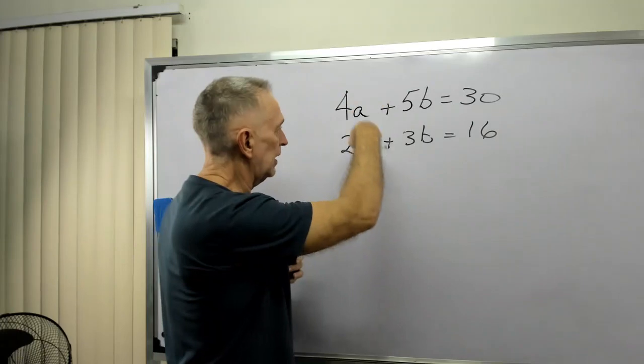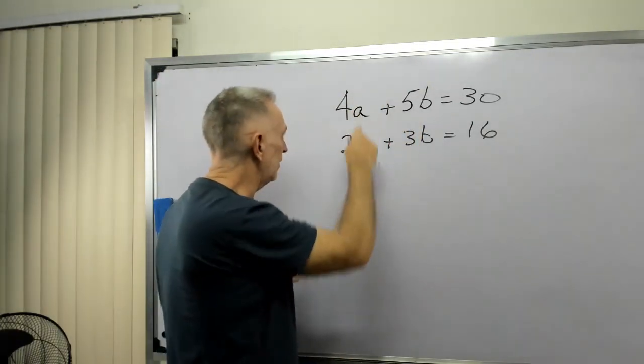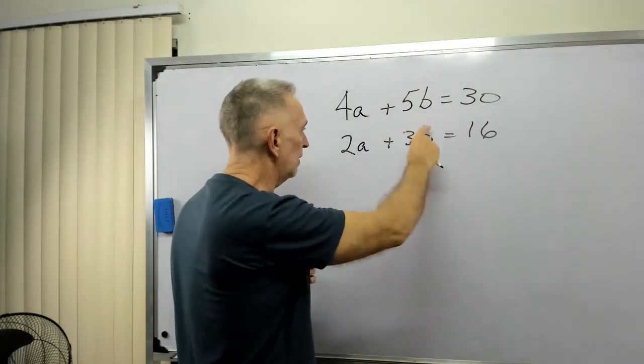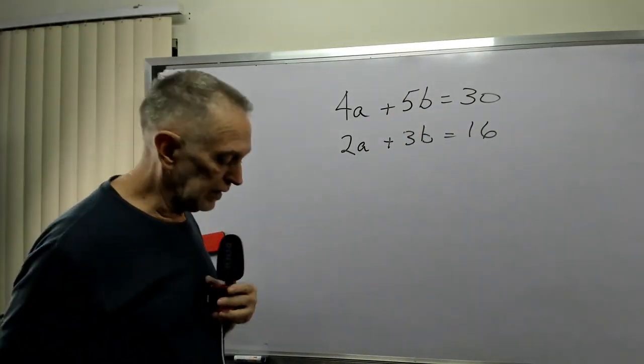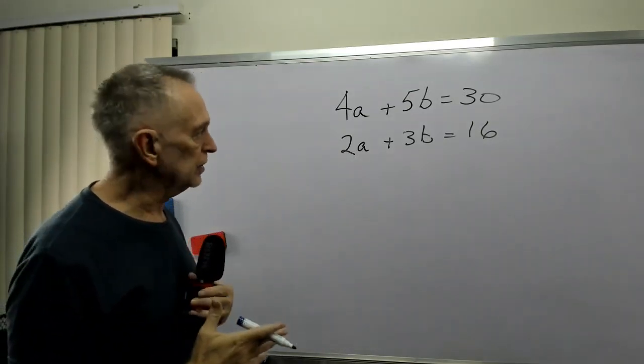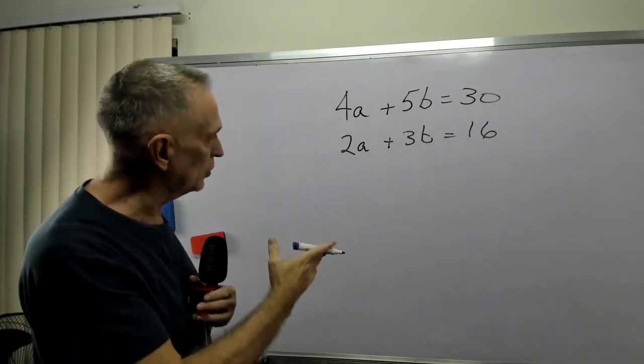Not two different A's, not two different B's, but one A that fits both and one B that fits both. Now later we'll get into matrices, but now let's just do this as a system of equations.